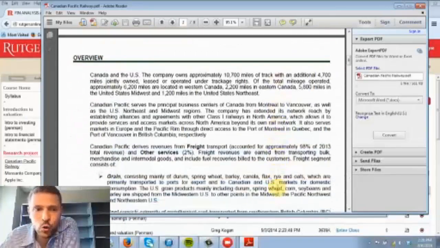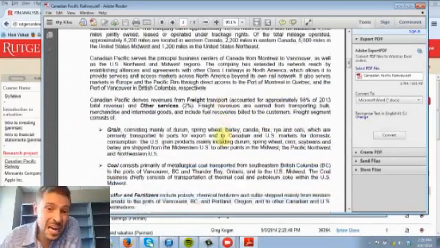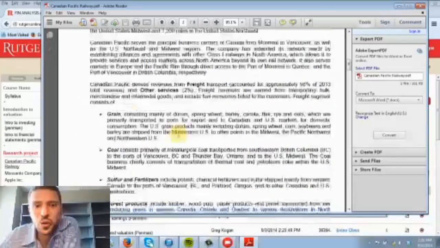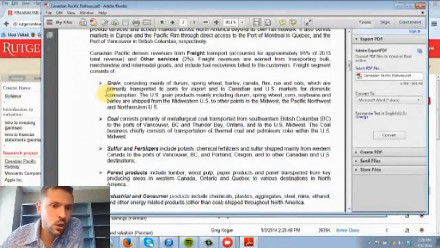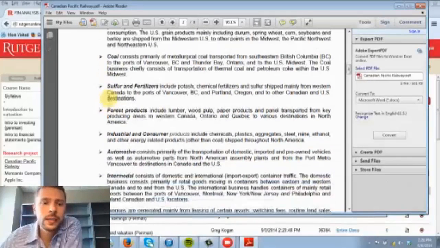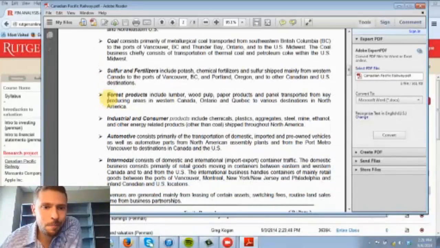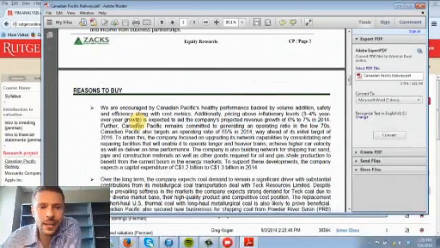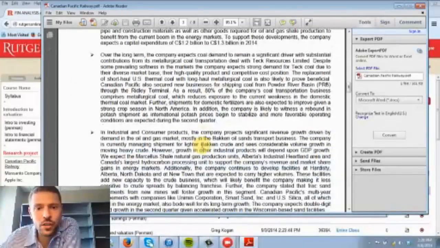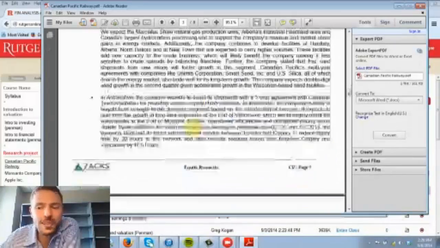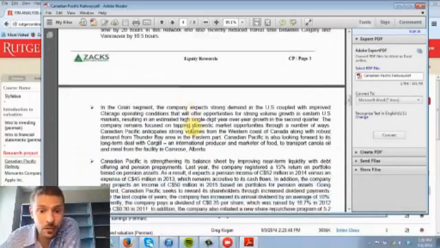It is also good, when you have time, to read through and understand what this company does. They're shipping grain, they're shipping coal, they're shipping cars, they're shipping various sulfurs and fertilizers. Get an understanding that this company essentially depends on the growth of the overall U.S. and Canadian and world economies, right?